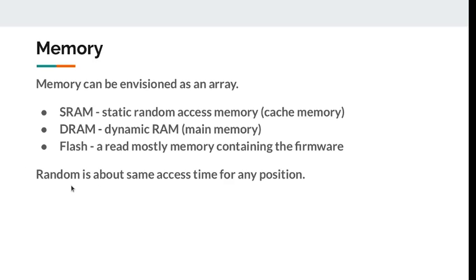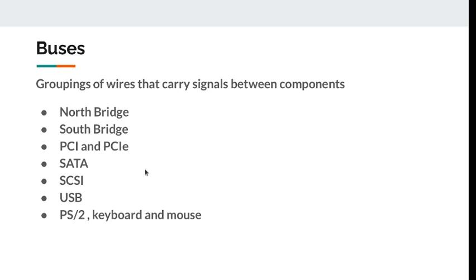Yeah, so as I said before, random is about the same access time for any position. Buses, as we talked before, are how the CPU is going to communicate with the memory and the I/O devices. And it's basically a group of wires that carry the signals between the components.